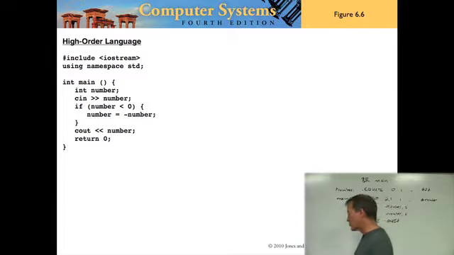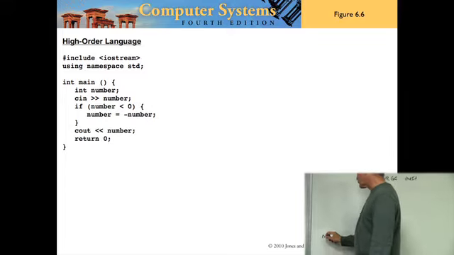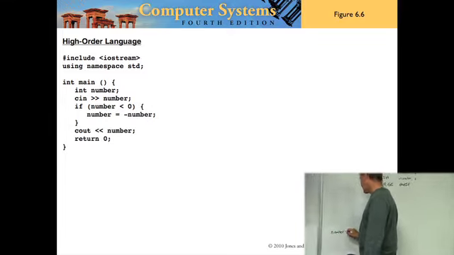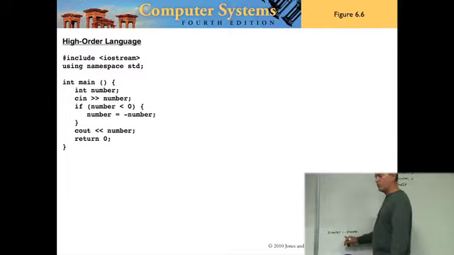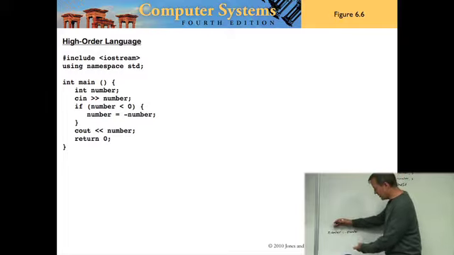If I just told you to translate number gets negative number, what would you do? You would do load accumulator number, and then negate, neg, and then store accumulator number, right? If I just asked you to do that.